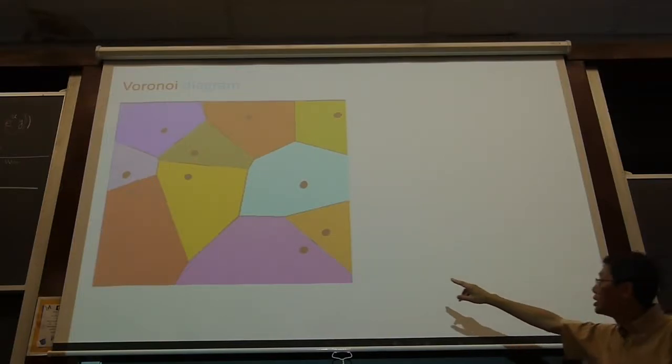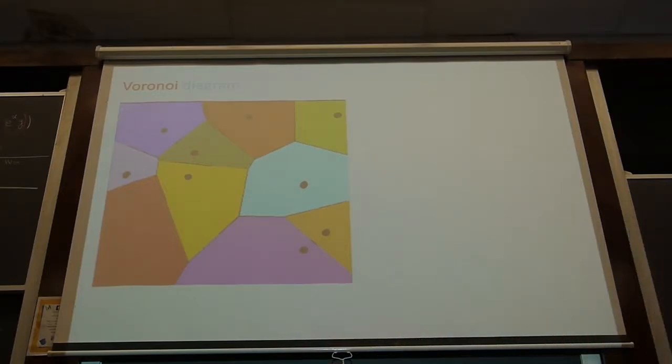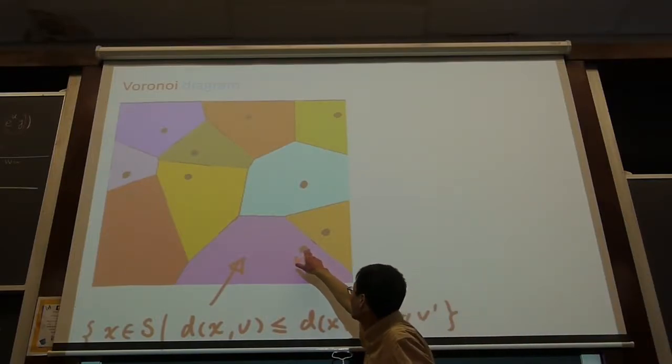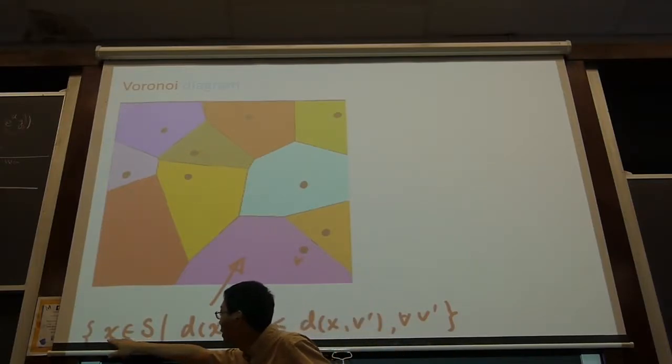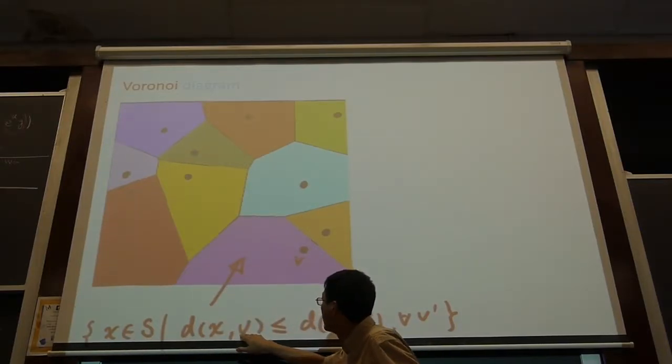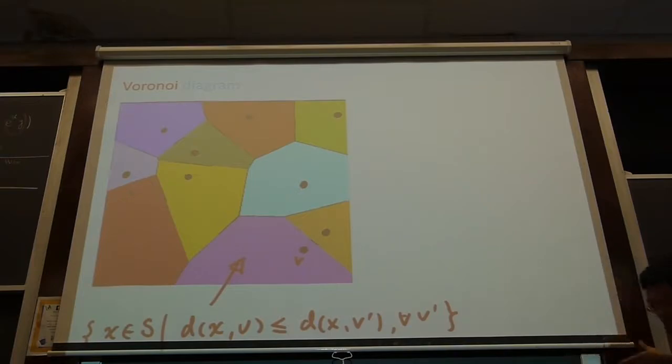Every point is going to associate to it a region. The region is defined to be a set of points: you take a point V here, it's going to pick up a region for you, and a point in this region consists of points in the surface whose distance to V is less than or equal to the distance to every other vertex. And so that's the standard canonical way of producing a convex cell decomposition of the piecewise flat surface.